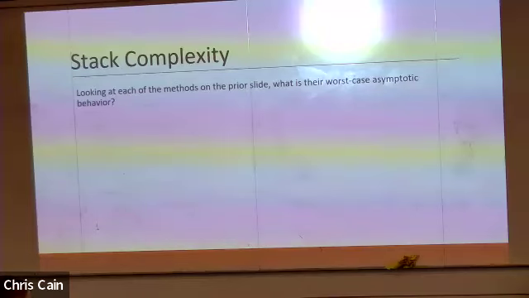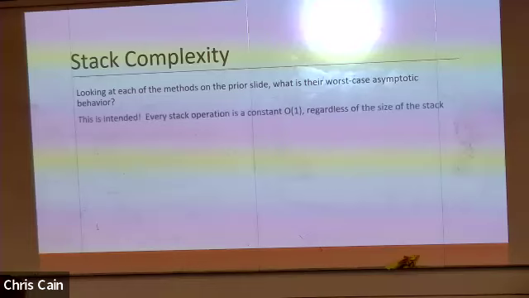So forcing everything to be constant time doesn't quite allow us to do as much as the list can do. But if we can solve a problem with a stack, we can guarantee everything is done in constant time. So worst case asymptotic behavior, everything is O of 1. And of course, that's intended by the nature of a stack and what we need it to do.